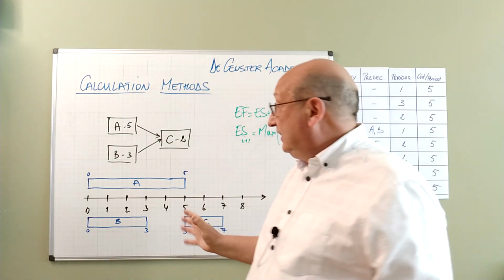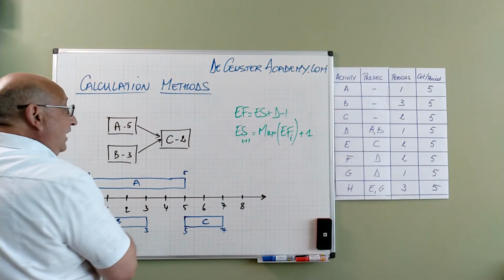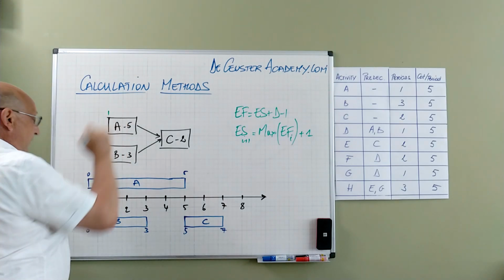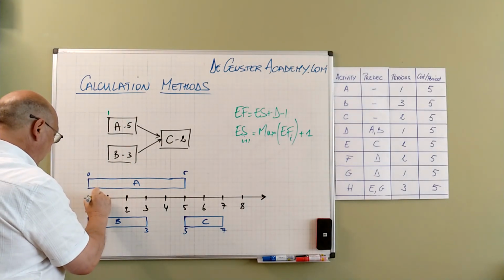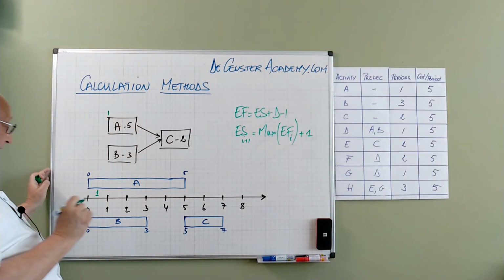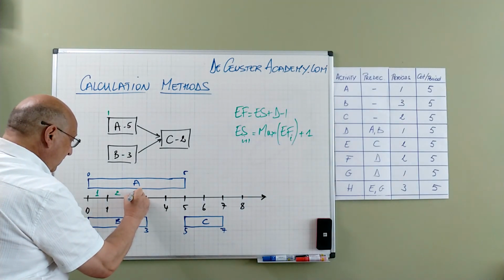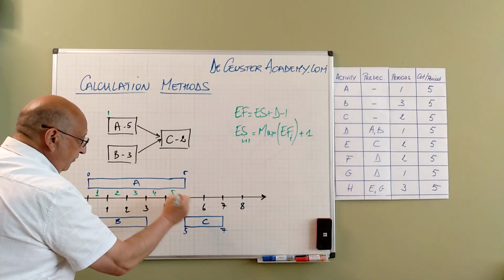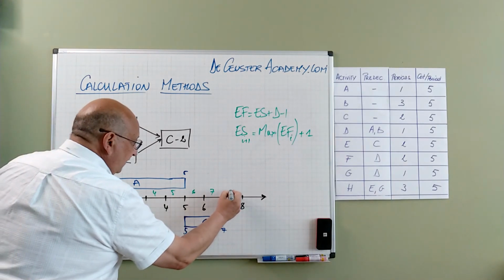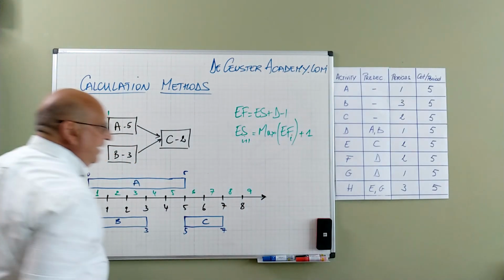What's the difference? Let's see, we start here A, we start at period 1. Now this is period 1. This is period 2, 3, 4, 5, 6, 7, 8, and 9.